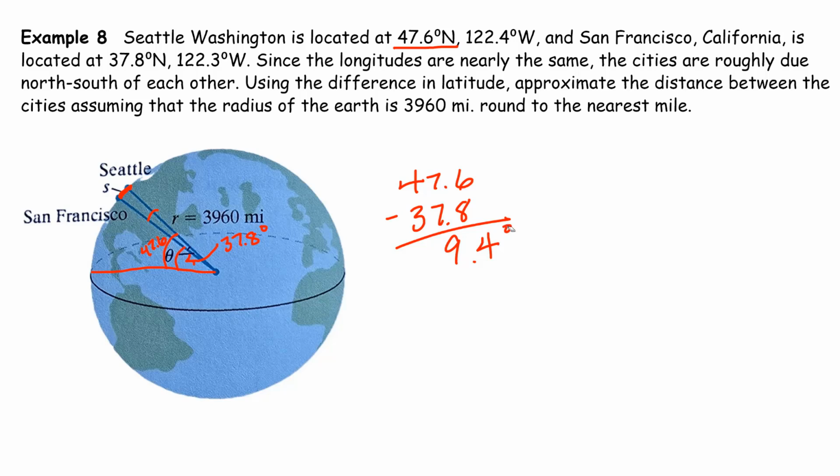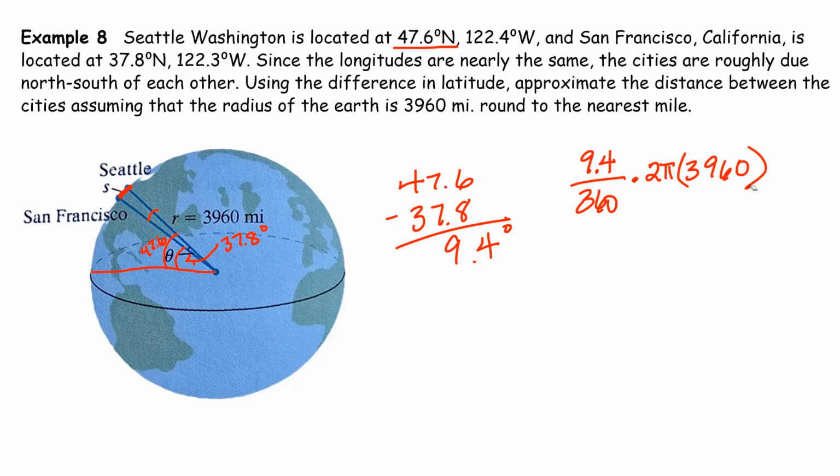All we need to do now is find the length of that arc, which is 9.4 degrees over 360 degrees times the full circumference of the Earth, which is 2 pi r. The radius of the Earth is 3,960 miles.